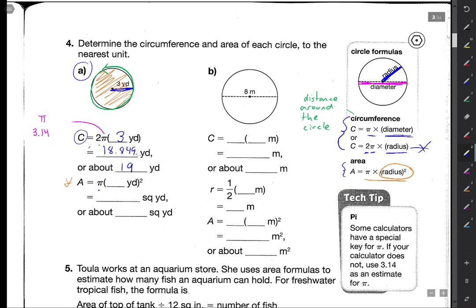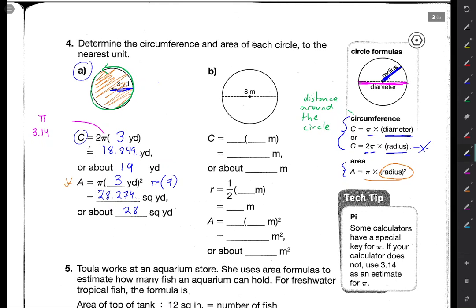So here we have pi times radius, which is 3, squared. So what I would do is pi times, and 3 squared is 9, because that's 3 times 3. So in my calculator, I'm going to put pi times 9, and I get 28.274, and so on, square yards, or about 28 square yards if we round that down.